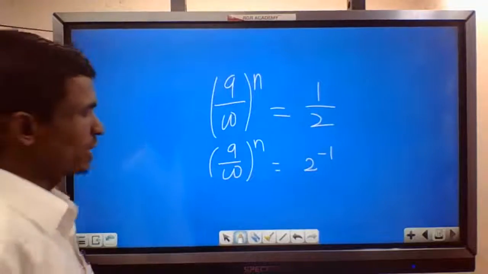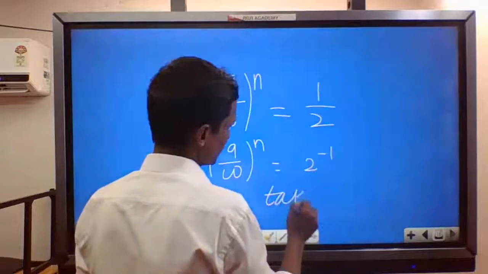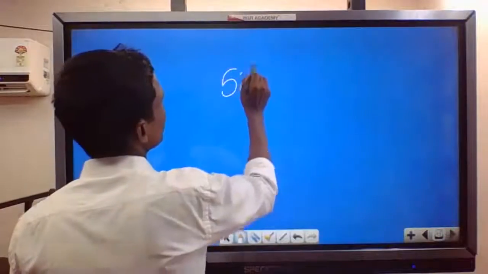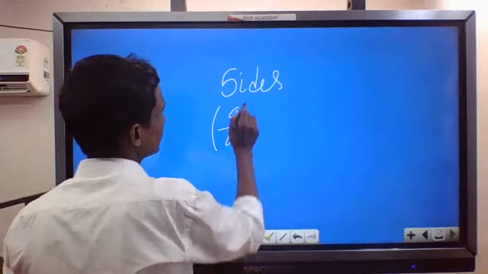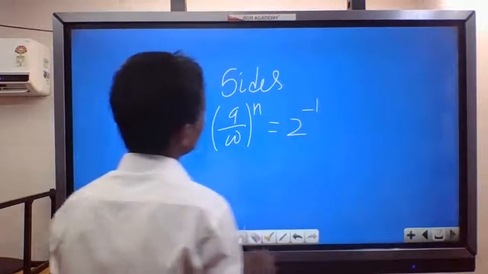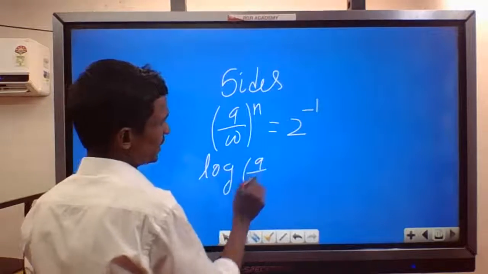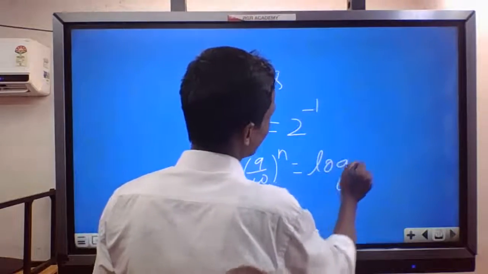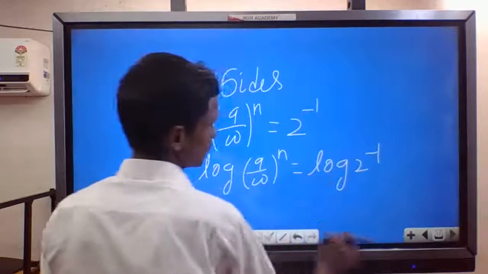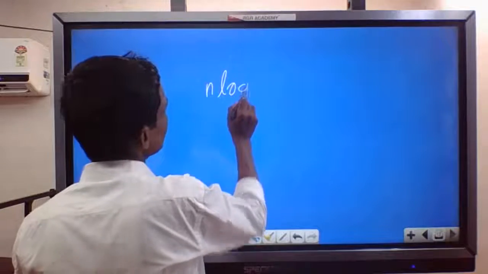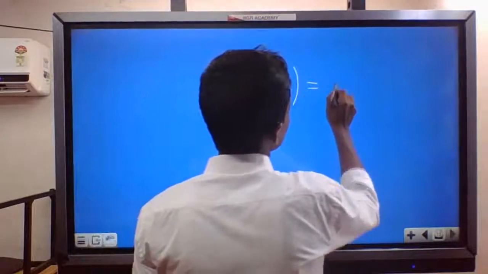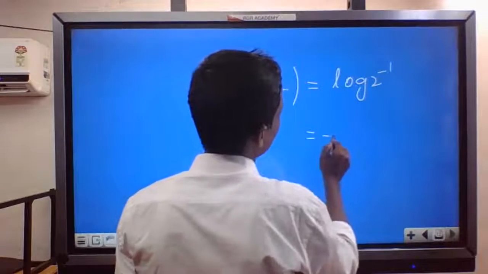Taking log both sides, n log (9 divided by 10) equals log 2 power minus 1, which is minus log 2.